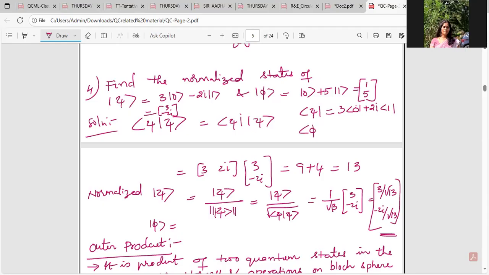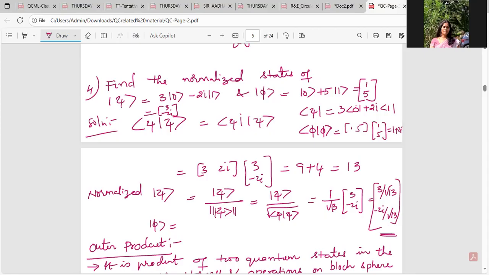Inner product of, I'm just writing here, 1 5 and 1 5. So it is 1 plus 25, so 26. So this would be 1 by root 26 into the vector 1 5. Of course, I can take it inside and write the remaining thing. This is all about inner product.